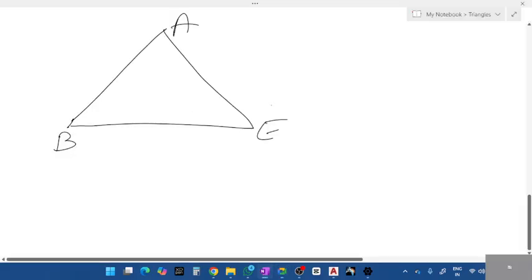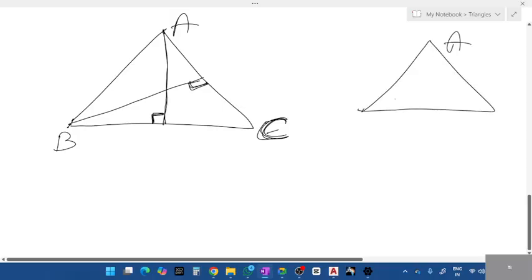See, let me take ABC, students. ABC is a triangle. I'll draw a height. I'll give you this shape. Now tell me, is this a median or a height? Height. Look at the second diagram.